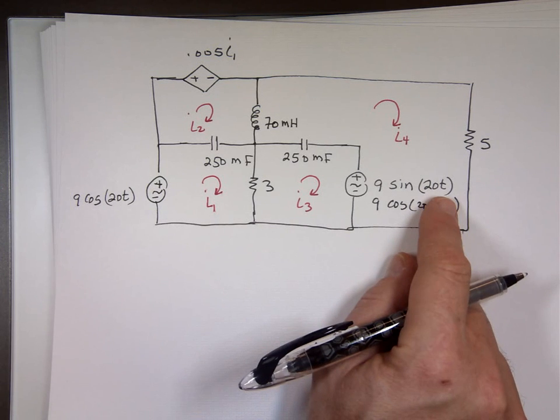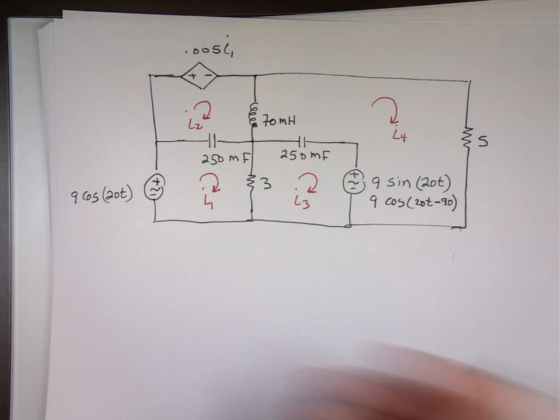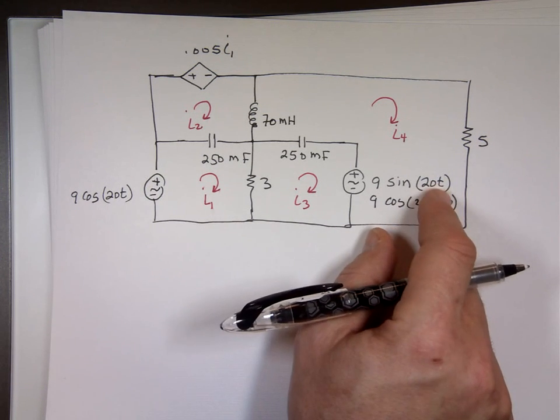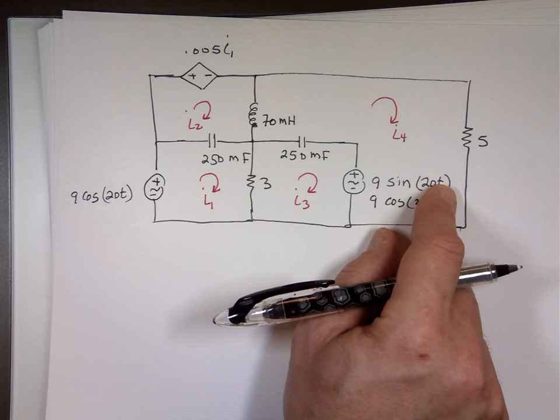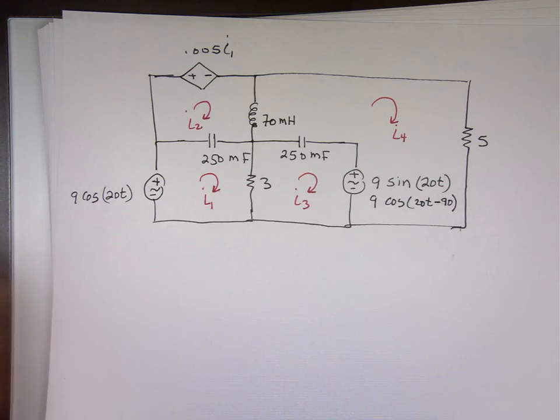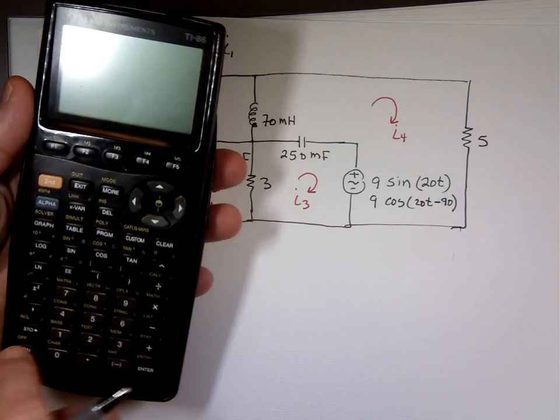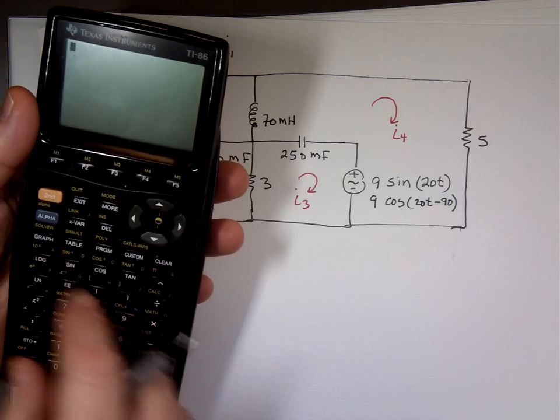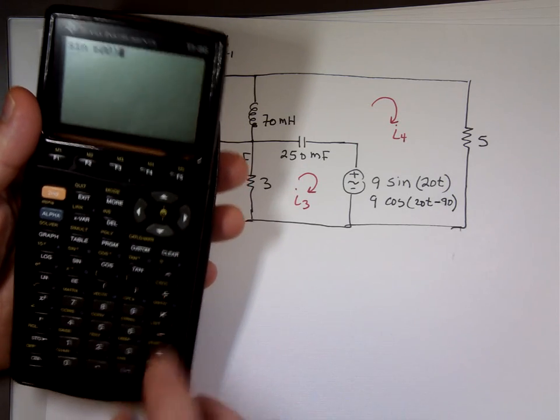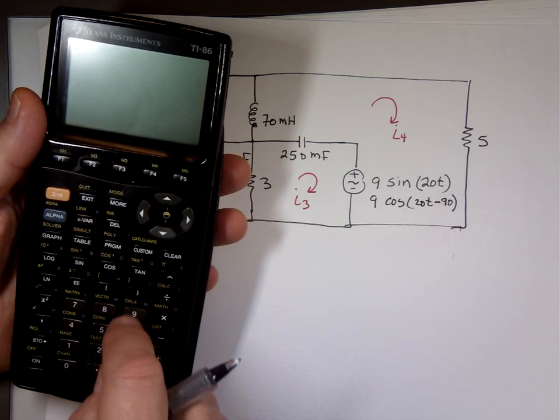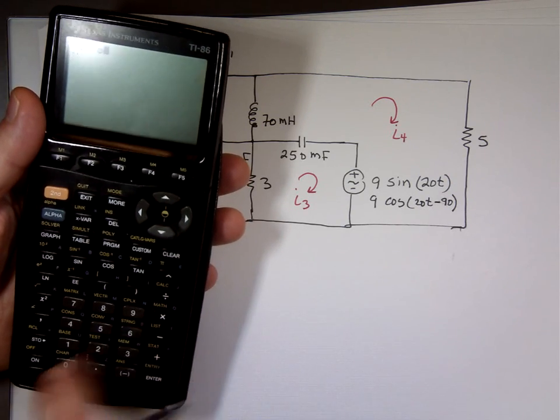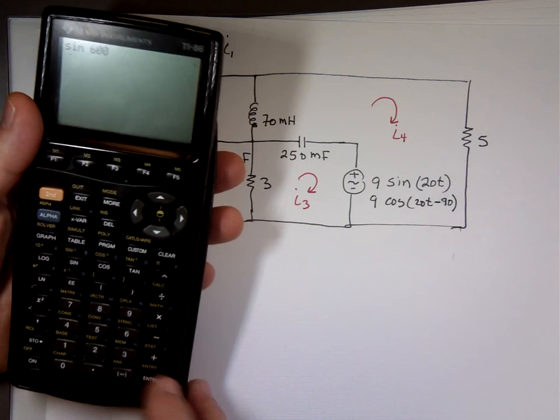Let's say 20 degrees times t, but it's not degrees really. Pick like 20 or 30. Let's say t is 30. What's 20 times 30? 600. What's sine of 600? Don't worry about the 9 in the front. Sine of 600, if t equals 30, is negative 0.86.